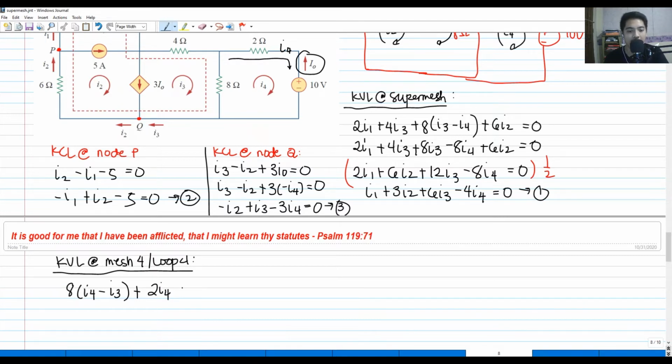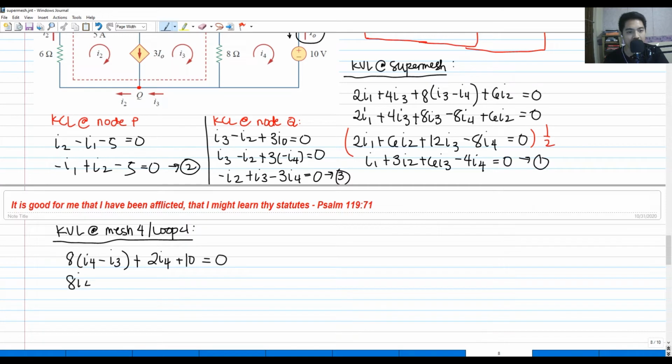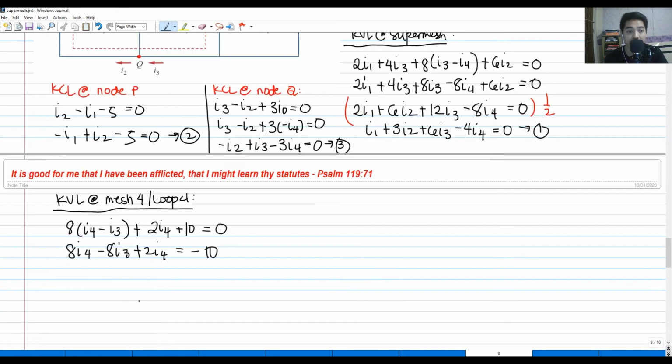And then we have plus 10 volts equals 0. So simplifying, we have 8 I sub 4 minus 8 I sub 3 plus 2 I sub 4 equals negative 10. I would transpose the constant to the right side. So 8 I sub 4 plus 2 I sub 4 is 10 I sub 4, minus 8 I sub 3 equals negative 10.